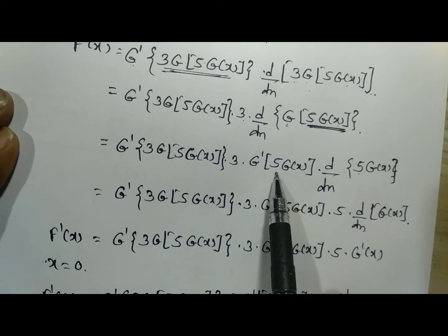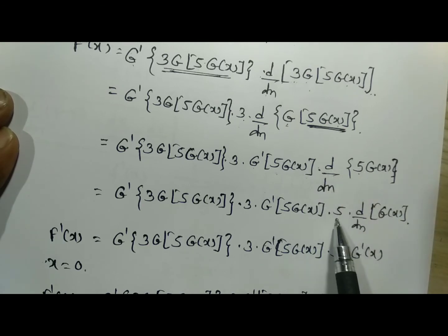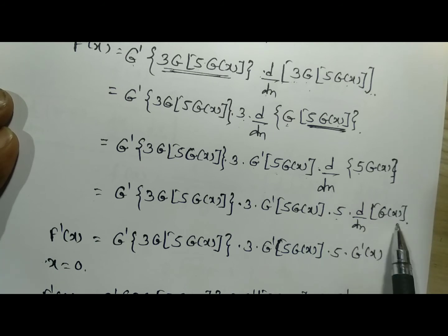Then you move with the derivative of 5g(x), which is d/dx of 5 times g(x). 5 is the constant taken outside, and the derivative of g(x) is g'(x), and you get f'(x).